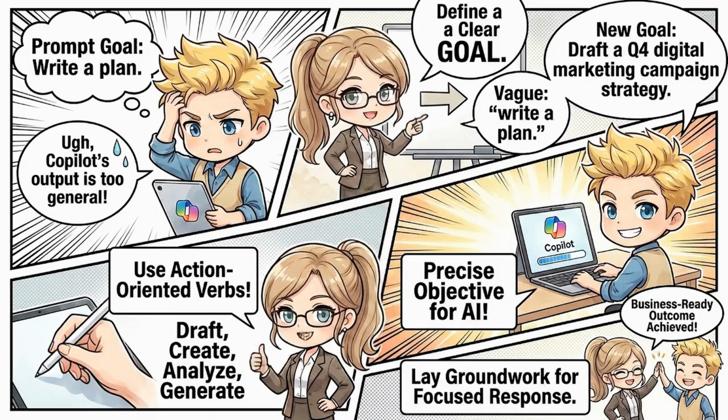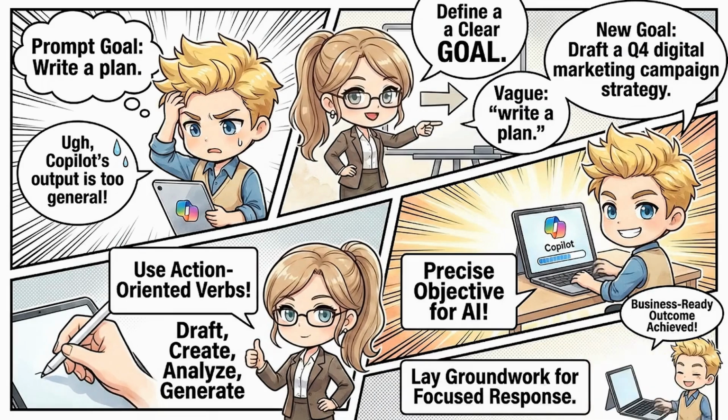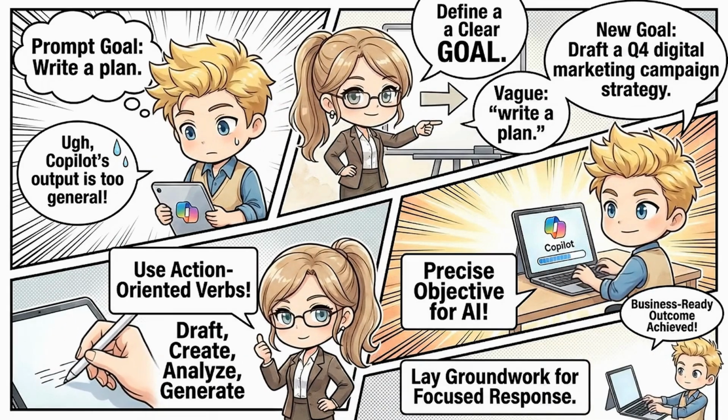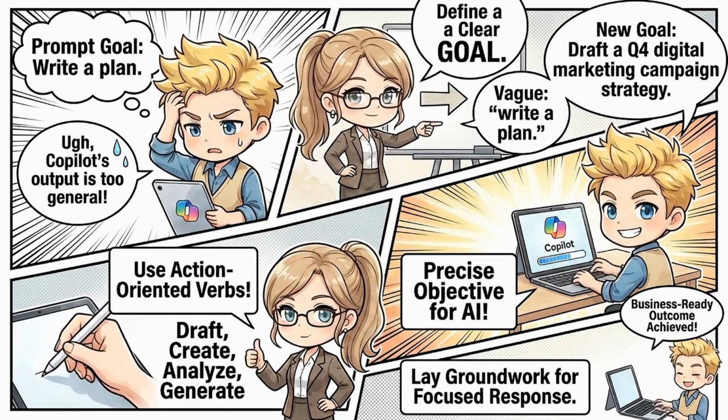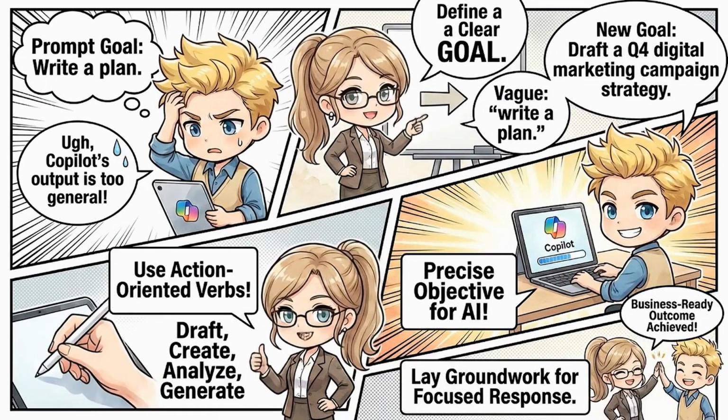This clear, action-oriented verb, draft, immediately sets a precise objective for the AI, guiding it towards generating a specific type of output rather than just a general document. By starting with a well-defined goal, David lays the groundwork for a more focused and relevant response from Copilot.